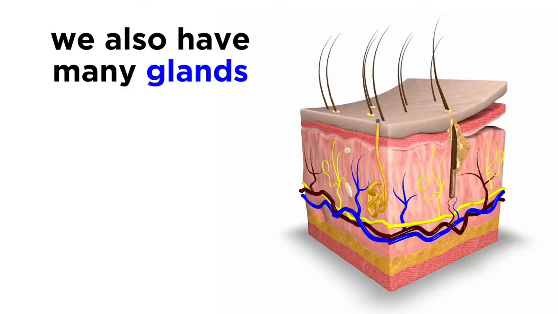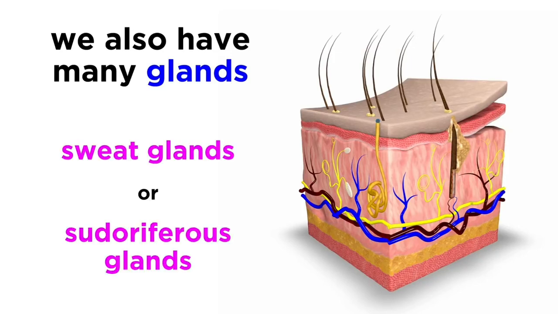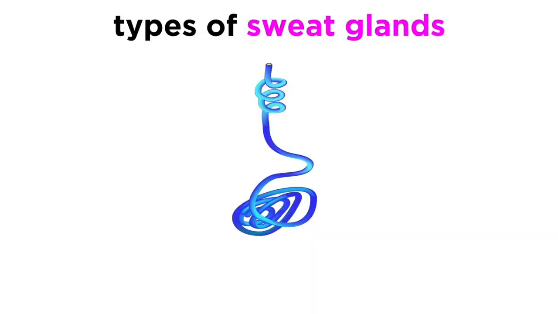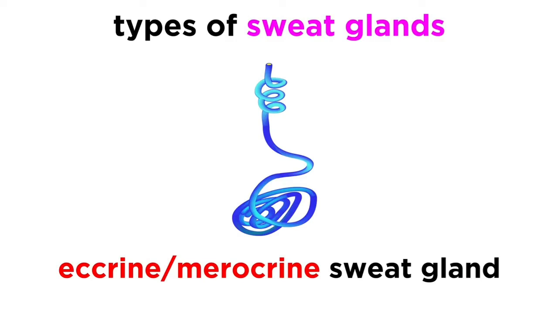The last part of the integumentary system we must mention is the vast collection of glands that can be found. First up are the sweat glands, also known as sudoriferous glands. These are found almost everywhere on the surface of the skin, totaling up to around 3 million. There are 2 types of sweat glands. The first is called eccrine or merocrine sweat glands.